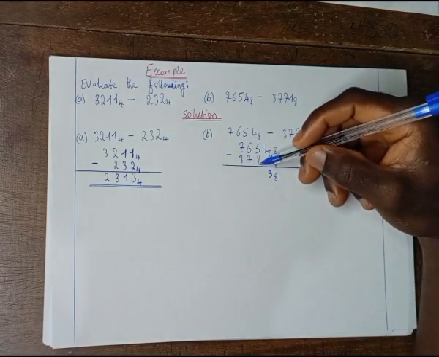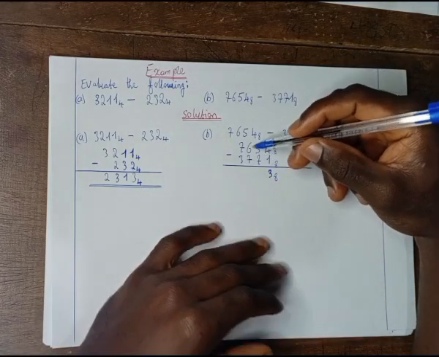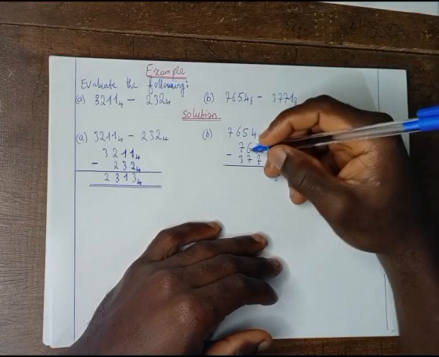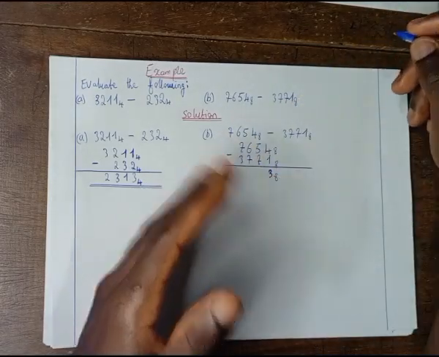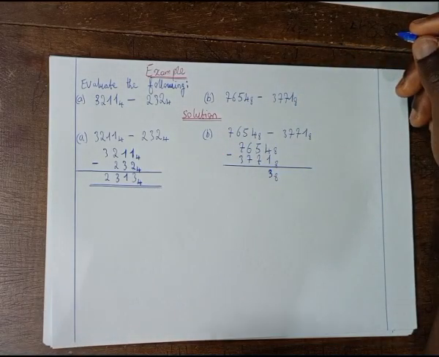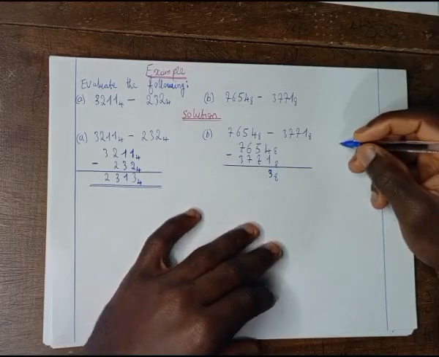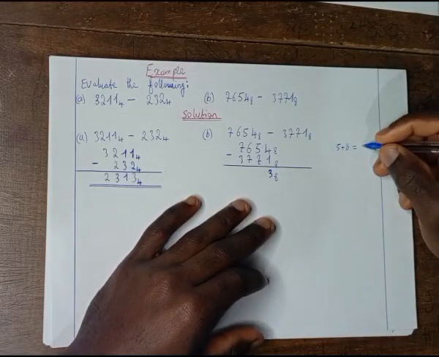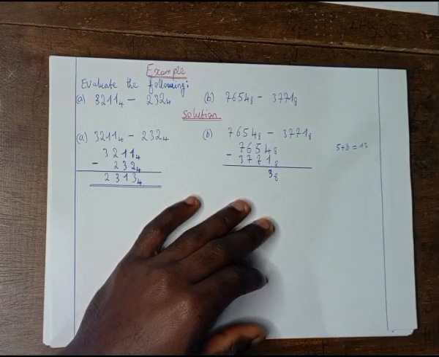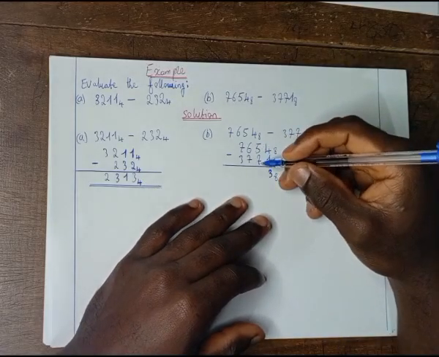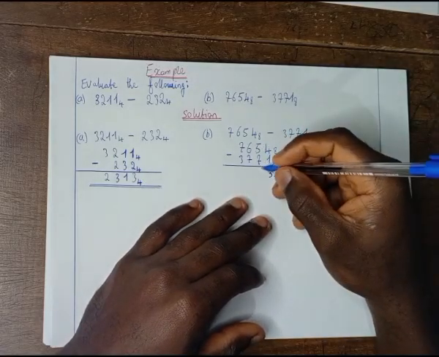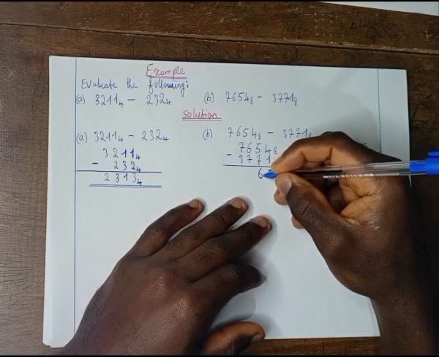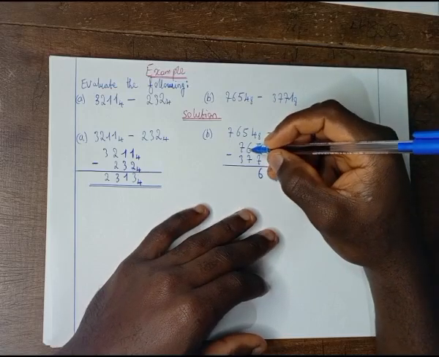Next we have 5, which is less than 7. So we are going to move to the digit which is at the next higher place value. We take a 1 from there, which represents 8. So this will give us 5 plus 8, and 5 plus 8 is simply equal to 13. 13 minus 7 gives us 6.